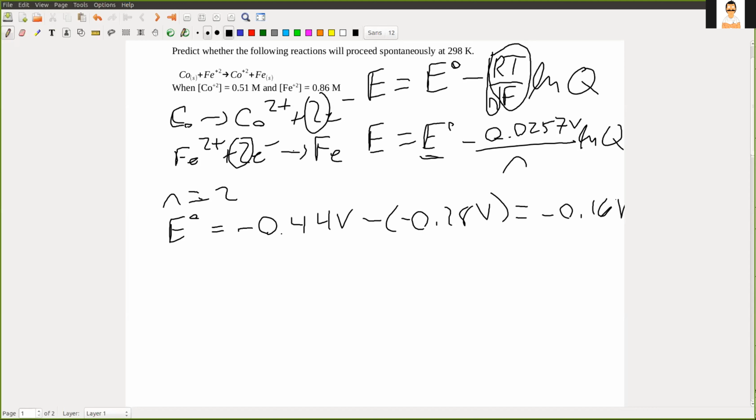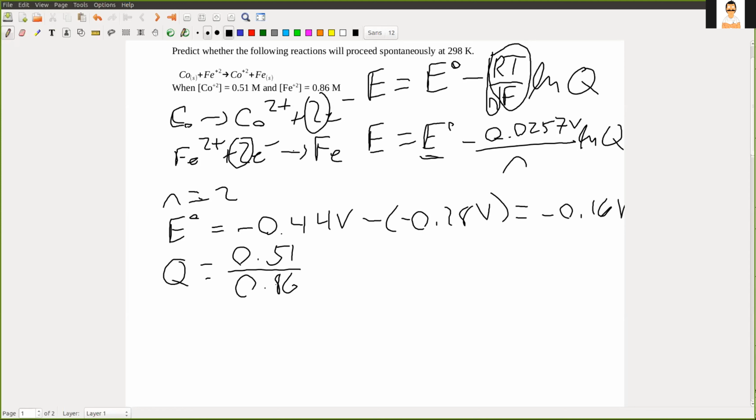Now we're going to plug in those values. The only other term that we need to think about here is Q, and Q is going to equal 0.51 over 0.86, based on how this is written.